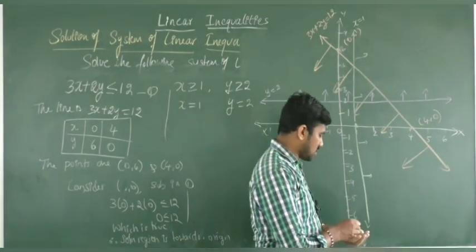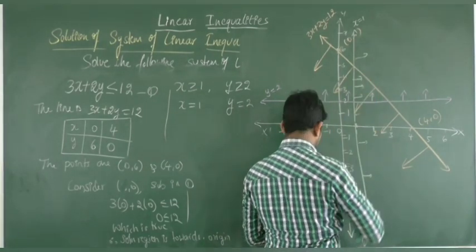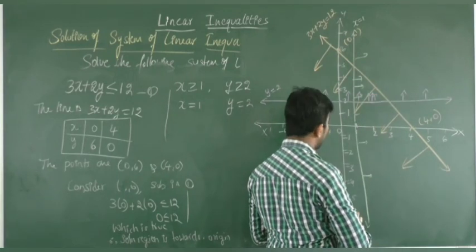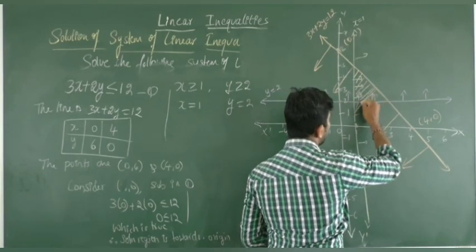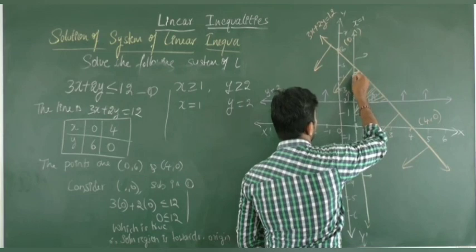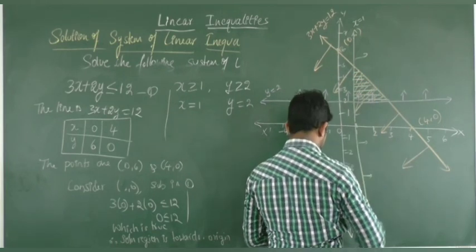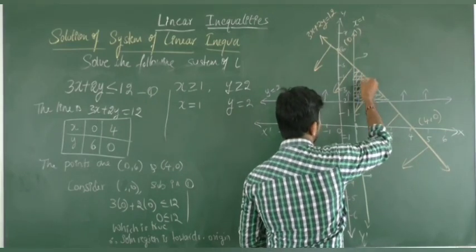Means right side of x equal to 1, upper side of y equal to 2, and downward direction of this line. So this triangle gives the common solution region, isn't it? Here, this triangle represents the common solution region.